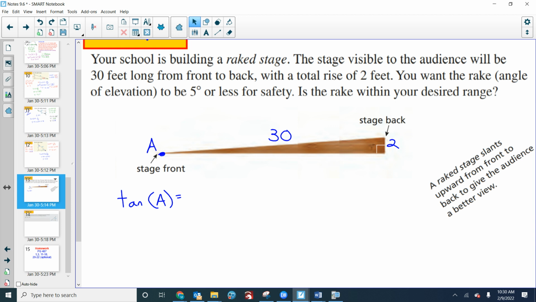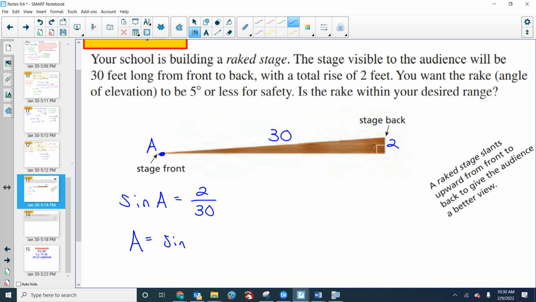So the tangent of A is not tangent anymore. Changing to sine of A. Numerator? 2. Denominator? 30. So A is, what do we have to do to both sides?